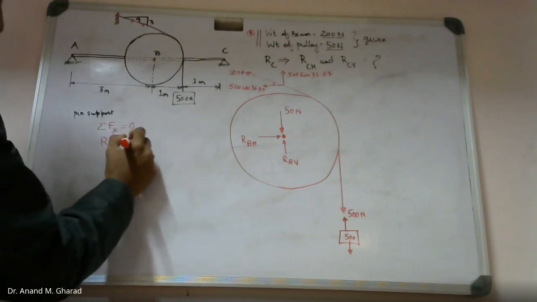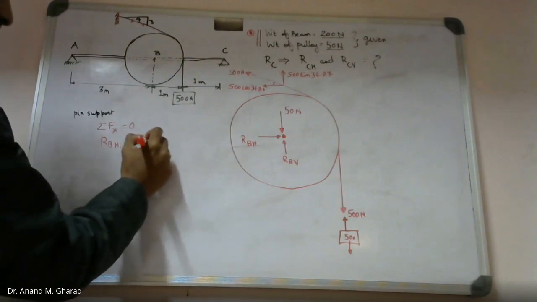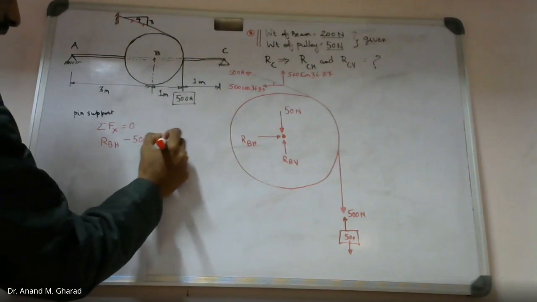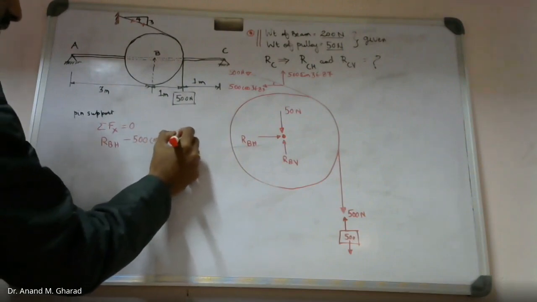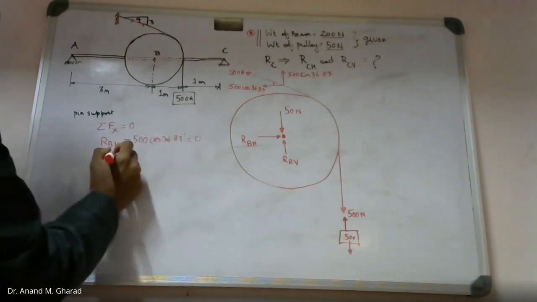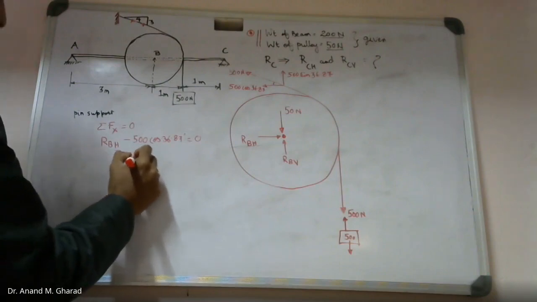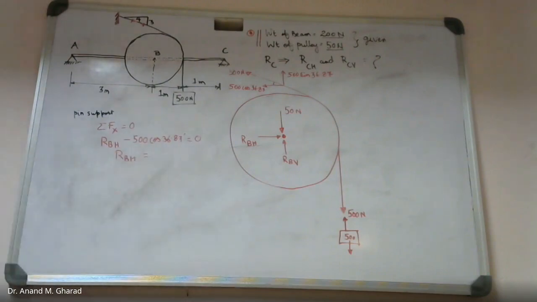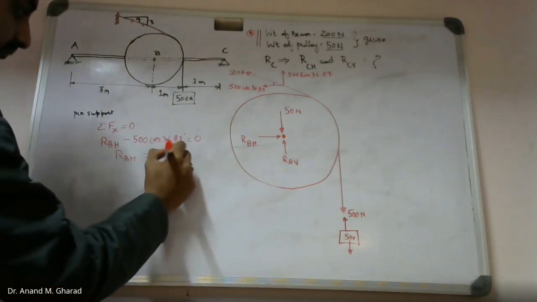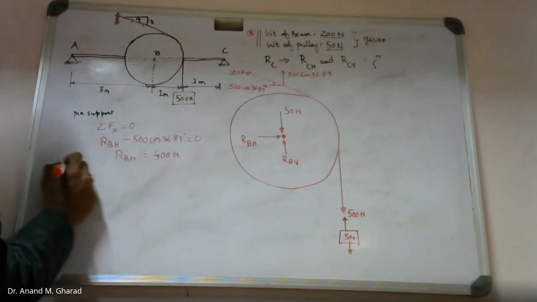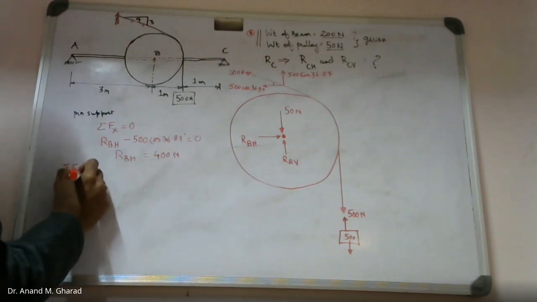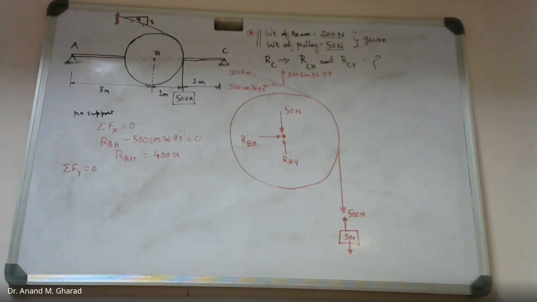RBH minus 500 cos 36.87 equal to 0. From here I will get the RBH value. How much does RBH come to? 400 Newton.